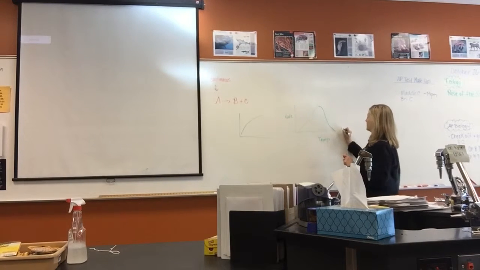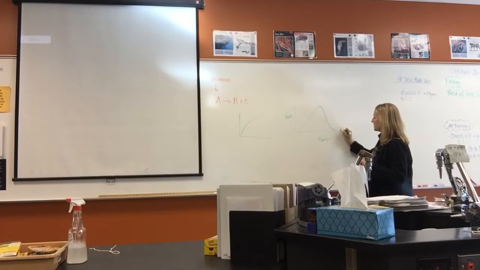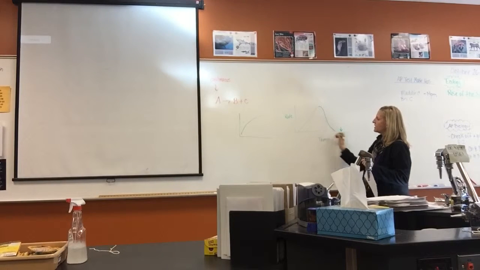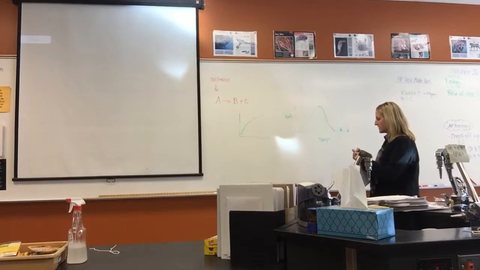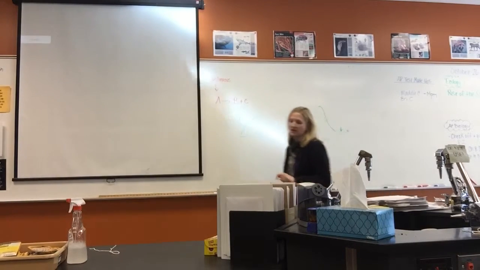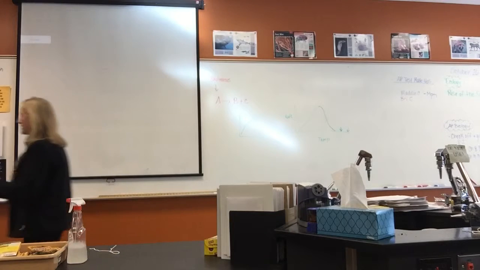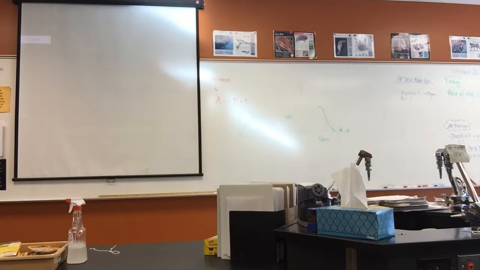If the temperature is right here versus right here, it might be that both 20 and 25 are outside of the optimal range for that enzyme. It could be that neither one of them works, but we don't know because we don't know what the optimal temperature is.